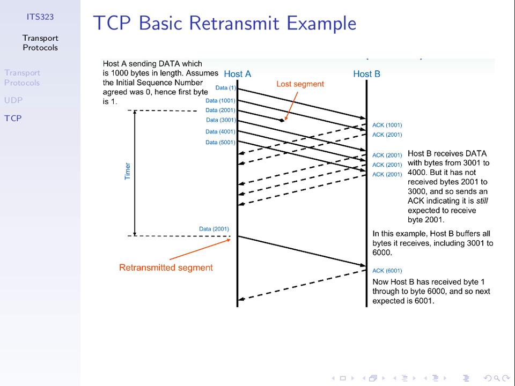There's an optimization, a way to improve the performance of this. The problem with this approach, and with any timeout, is we have to wait a long time before we retransmit. That could be inefficient.